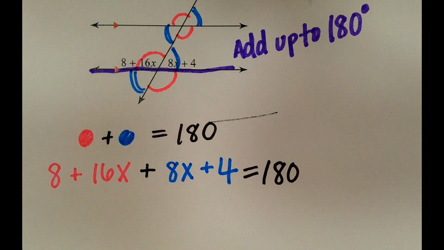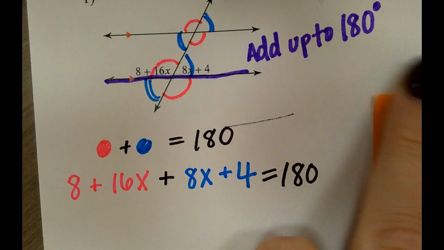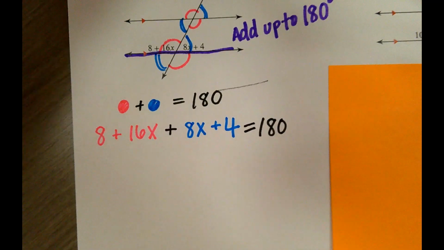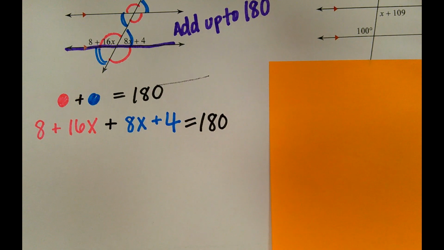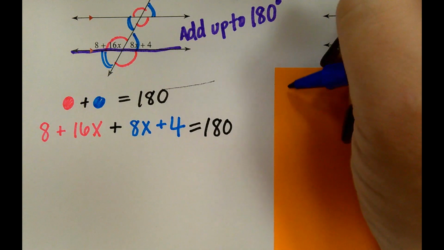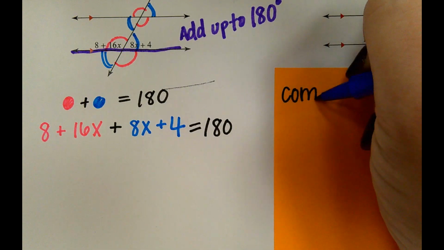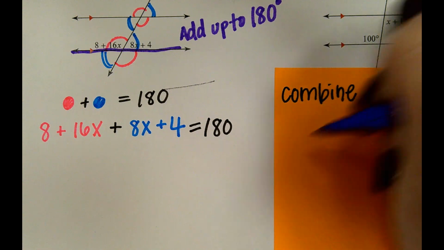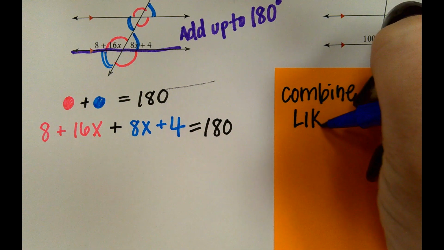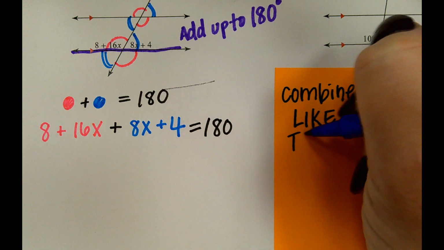Now, anytime we are writing out an equation like this, the very first thing we want to do after it's written out, always, always, always, I'm going to write this on a note to the side, is we want to see if we can combine like terms.